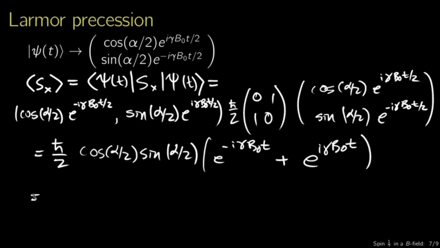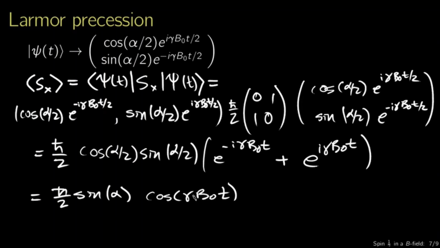What this means is that overall this is going to simplify down to h bar over 2 times the sine of alpha, and the expression here, if you expand out the complex exponential as a cosine plus an i sine, you'll find that the sines cancel out, and we're just going to be left with cosine of gamma b0 t. So this is our expression for the time evolution of the x component of the spin angular momentum.